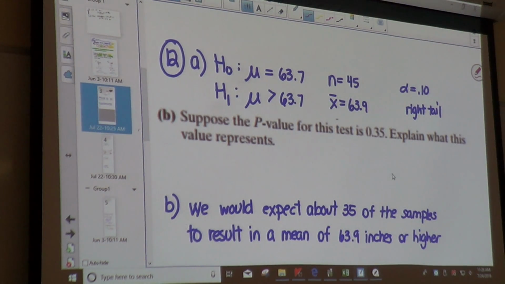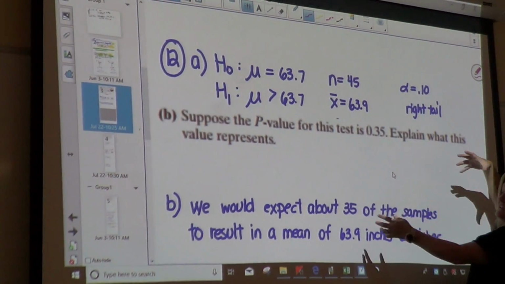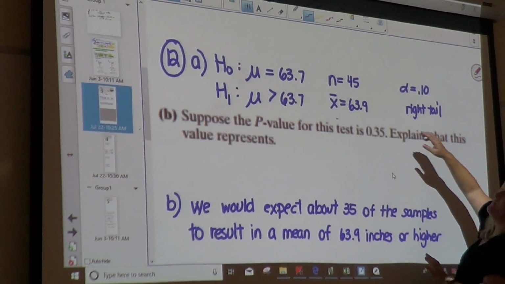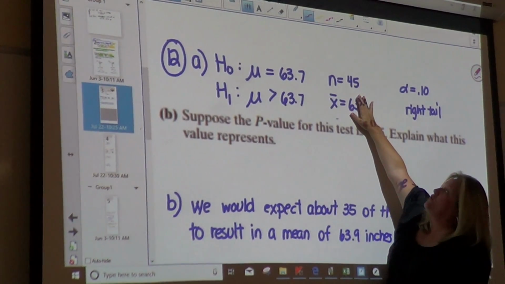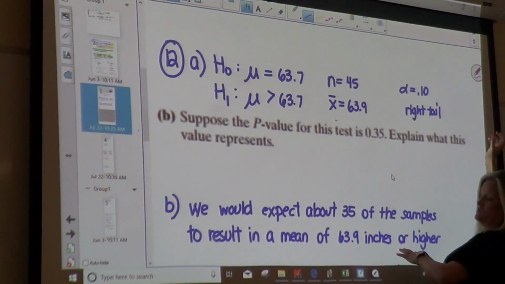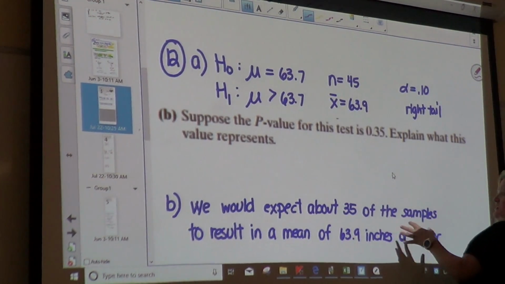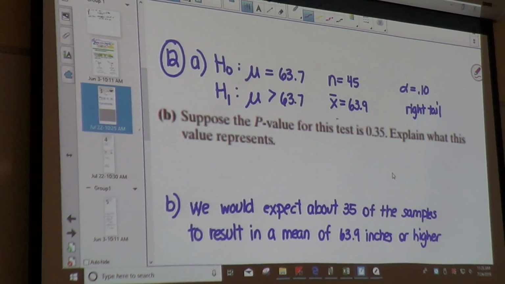So if our p-value is 35, that's going to be a percentage or a 35 thing. So we're expecting 35 of the samples. So of these 45 samples, our p is 35. So we're expecting 35 of those 45 samples to have a mean of 63.9.